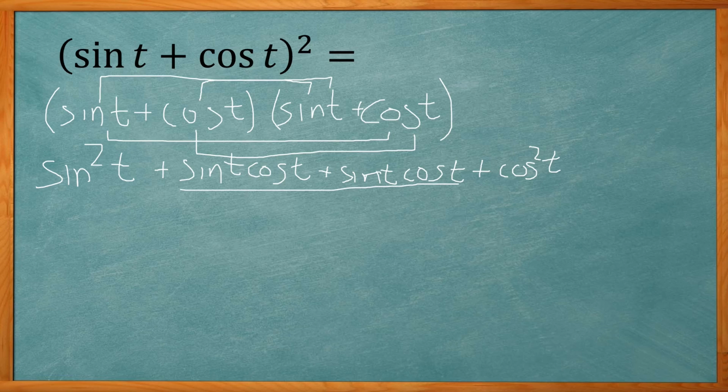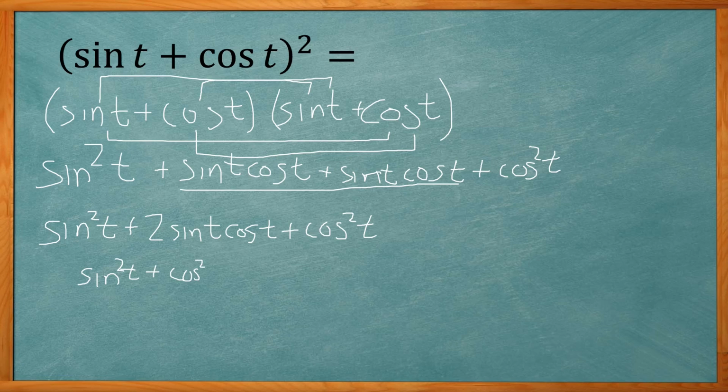So I have two like terms in the middle, so I can combine those. So sine squared t plus 2 sine t cosine t plus cosine squared t. Now if you know your identities, you know that sine squared t plus cosine squared t is equal to 1.